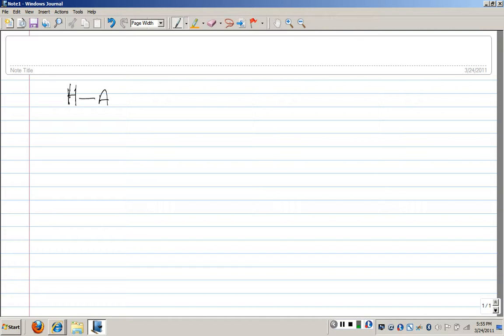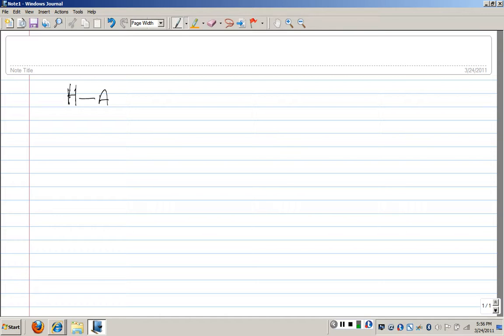So an advance over that was the Lewis definition, which basically holds that an acid is an electron pair acceptor, a base is an electron pair donor, and that has the advantage of considering the acid-base phenomenon as a chemical phenomenon, because chemistry is fundamentally about the transfer of electrons. So an acid-base reaction then is fundamentally an electron transfer reaction, where the base donates an electron pair to the acid, which accepts the electron pair.